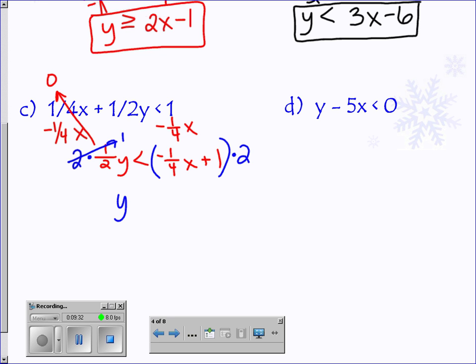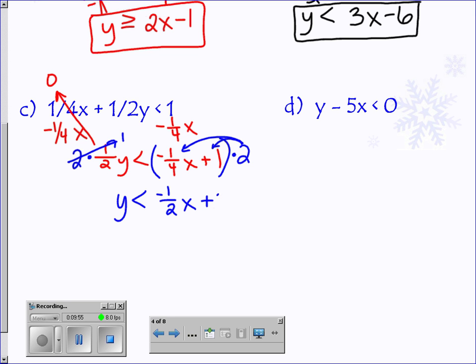Now, did I multiply or divide by a negative number? No, so my inequality does not change. It is still less than. Y is less than. I have to distribute my 2 to both parts of the inequality. 2 times negative 1/4 is negative 2/4. Negative 2/4 reduces to what? Negative 1/2 x.